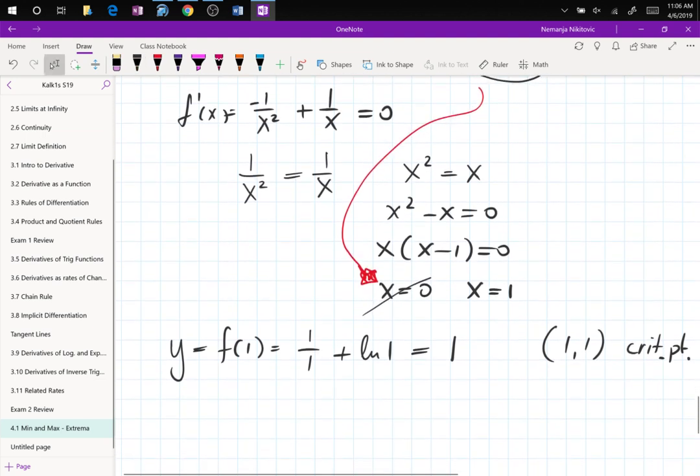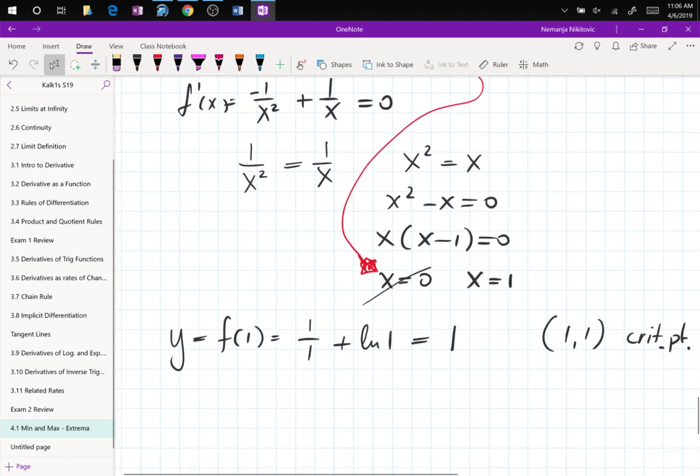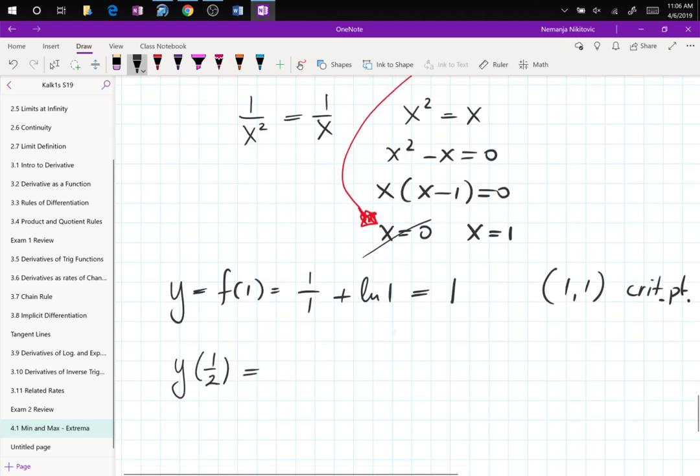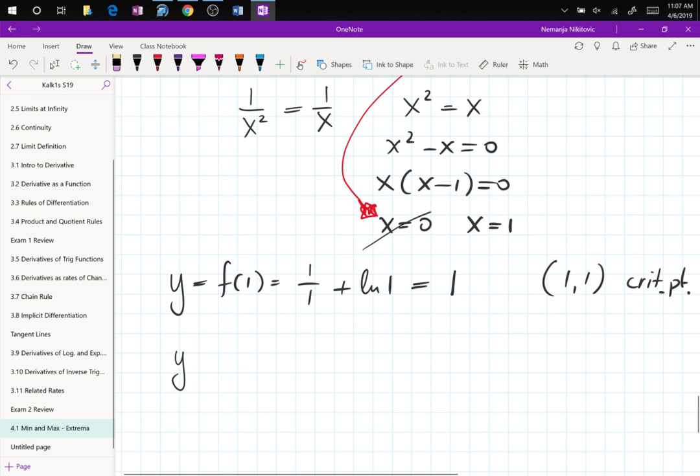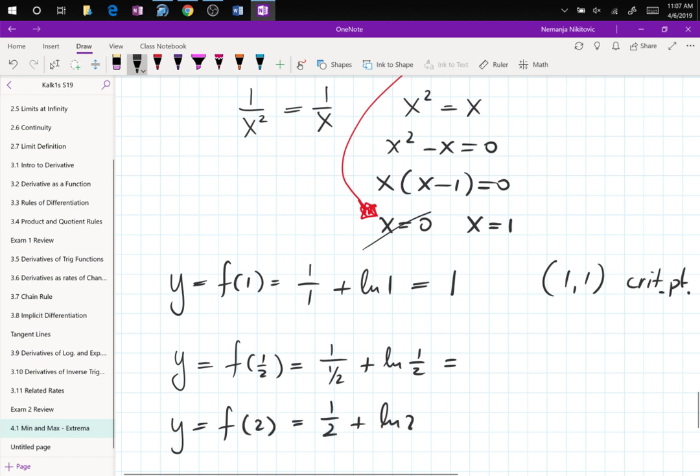And now we just need to know whether this is a min or a max. And we will have to compute this at 1/2. I mean, y is f of 1/2. So that's going to be 1 divided by 1/2 plus ln of 1/2. And then y equals, you can use 2 on the other side, so it's 1/2 plus ln 2.